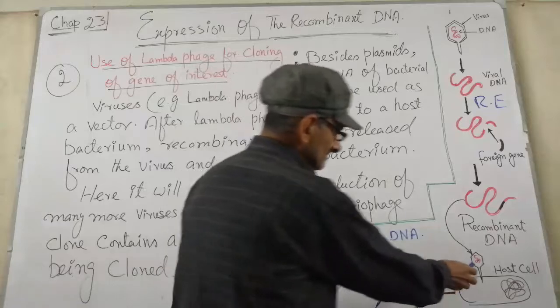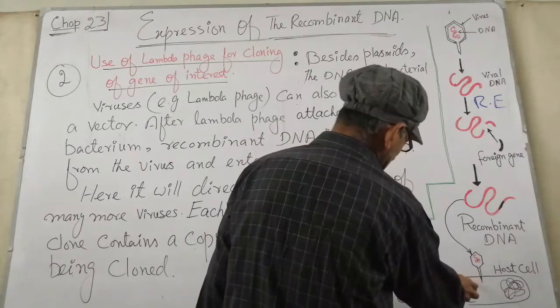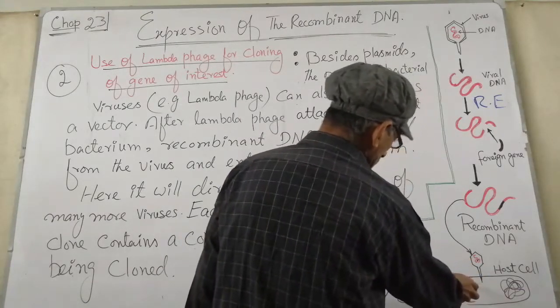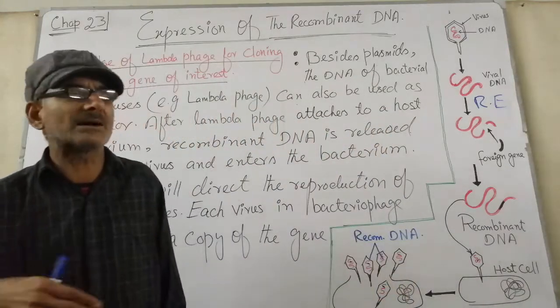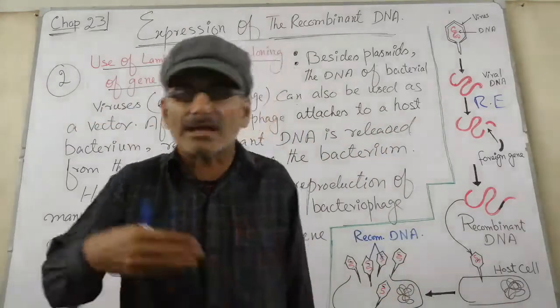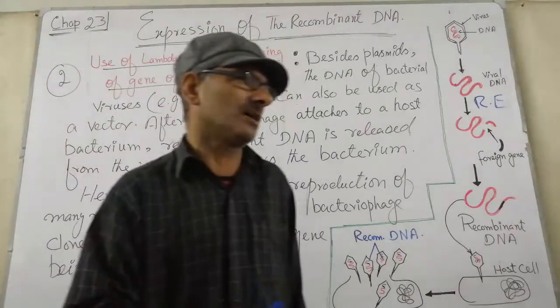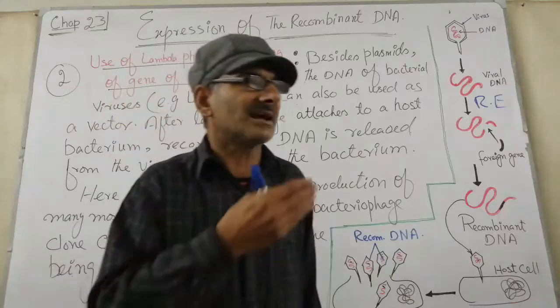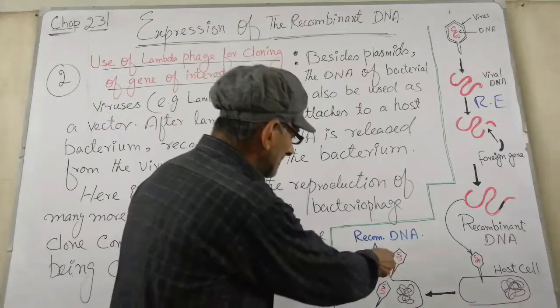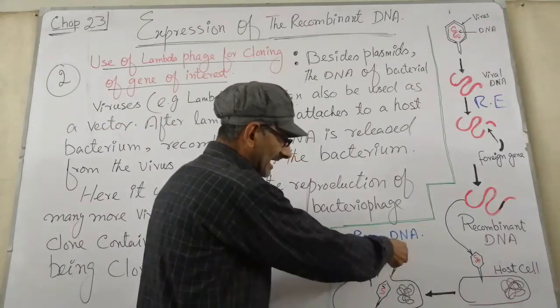When the DNA of the lambda phage is present in the host cell, it will take control of the ribosomal machinery of the host and produce its proteins, and so complete viruses are formed.